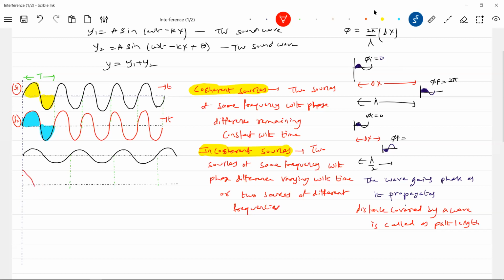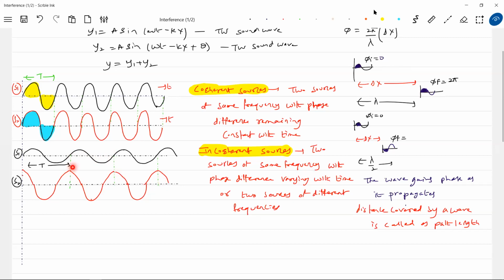Now this is the wave generated by source S1, this is S2. Look at what one time period is, this is one time period. Again, are they of the same frequency? Both S1 and S2 are the same. Both will take the same one time period to complete one oscillation. You can see this. Getting the idea?